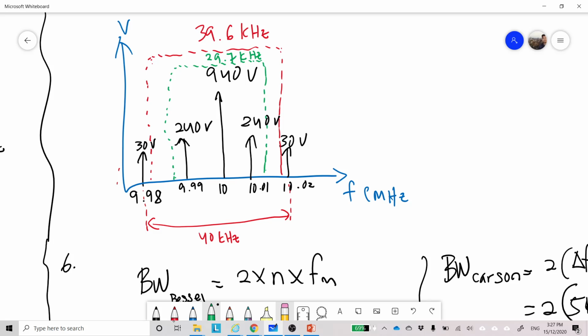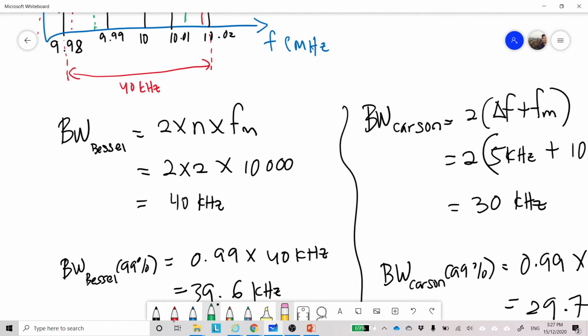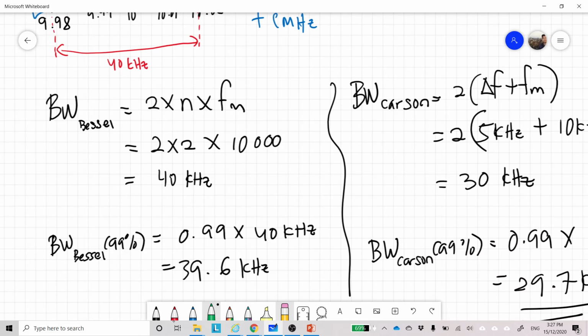Okay, sideband yang akhir ni akan dibuang. Okay, and I only get the first sideband, the first pair of sideband.